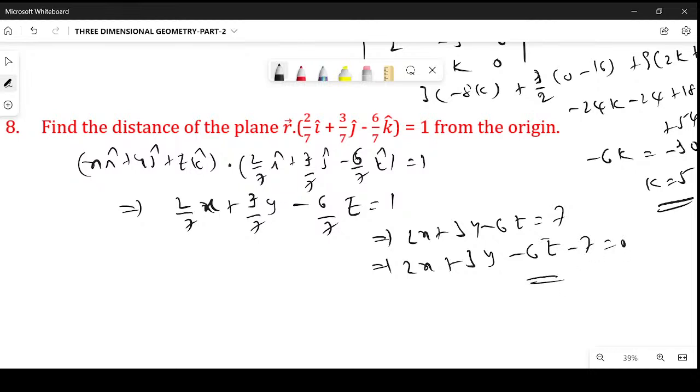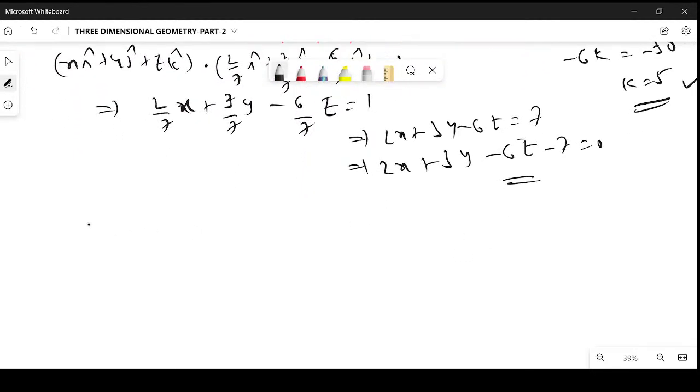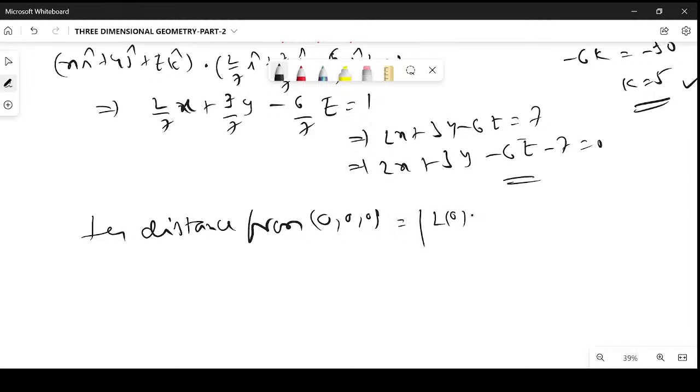They are asking the perpendicular distance from the origin, so I can easily find it. We can write the perpendicular distance from 0, 0, 0 as mod of 2 into 0, plus 3 into 0, minus 6 into 0, minus 7, by root of a square plus b square plus c square.